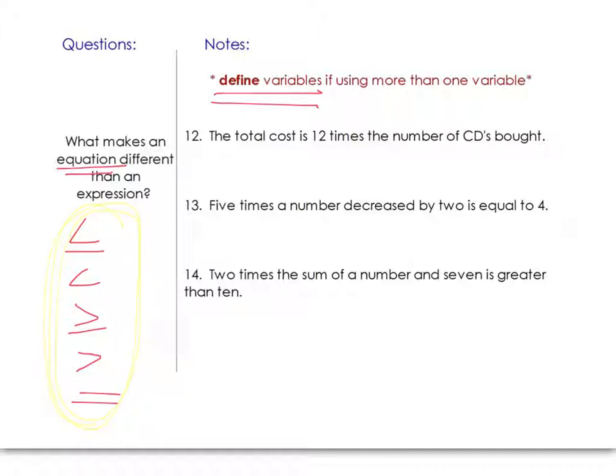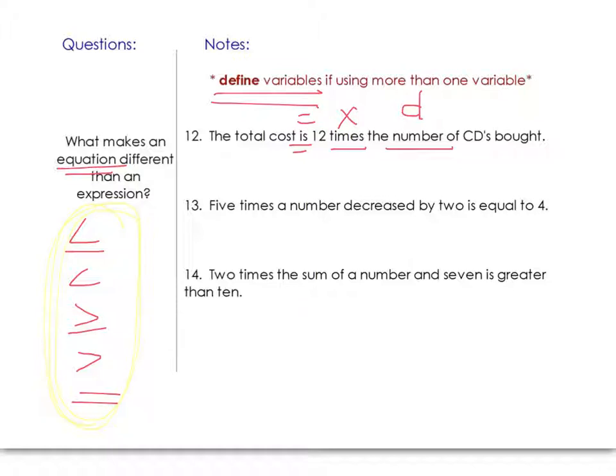If I look at my first one, it says the total cost is 12 times the number of CDs bought. Meaning your total cost is, that is means equals, 12 times the total number of CDs. I'm going to use the letter D for CDs.